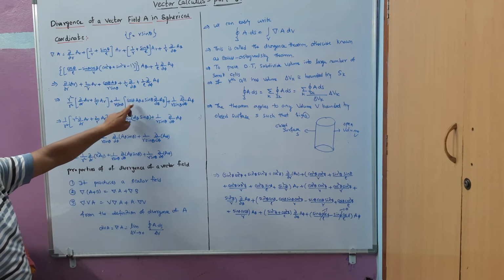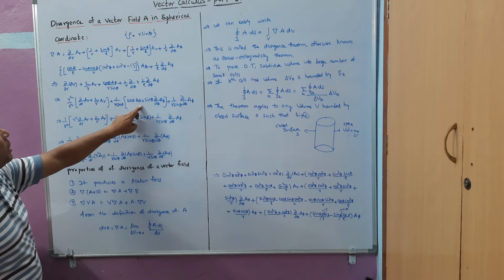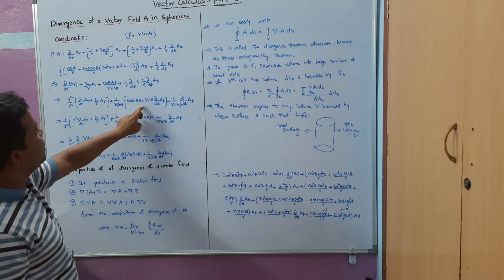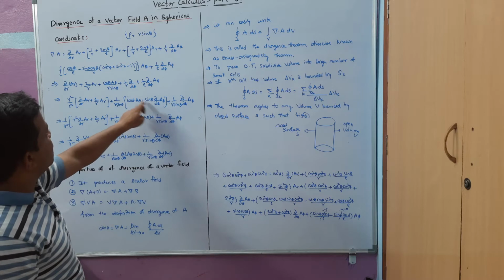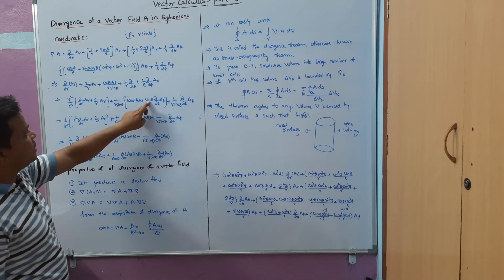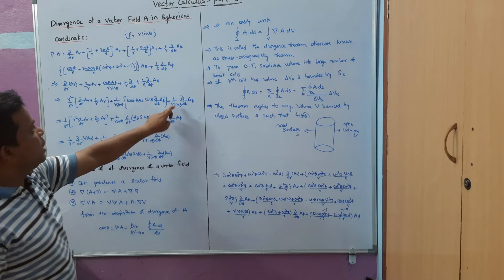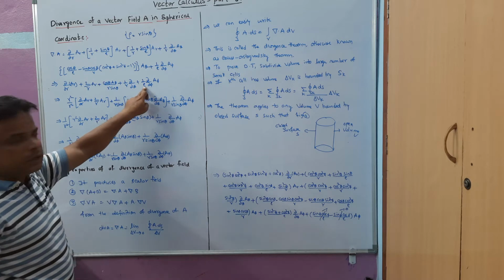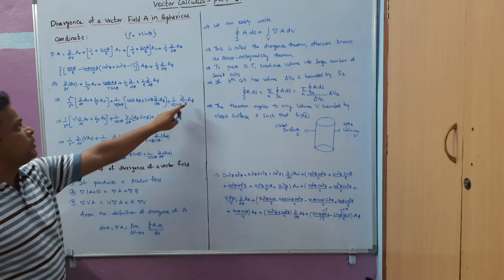Next, similarly, I am going to take common 1 by r square sin theta. What I get here is cos theta into A theta, plus, for here, r is going to cancel, I will get sin theta into dou by dou theta of A theta, and finally I have rho is equal to r sin theta, dou by dou phi of A phi, okay.